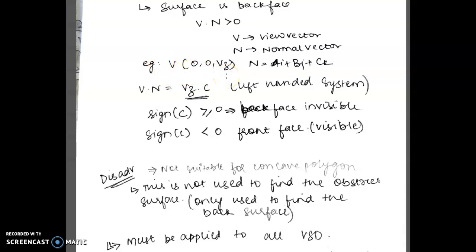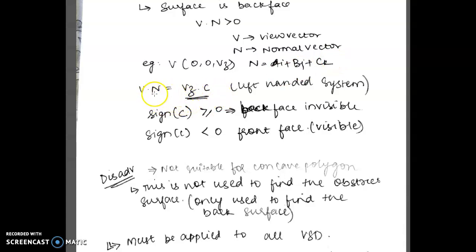Since we are considering only the z axis, that is only the depth, let us take only the value for Vz. The x value and y value are going to remain the same. Then let us consider the normal vector ai + bj + ck. If you do the dot product, since the i and j values are 0 here, there won't be any i and j terms. Vz will be multiplied by c.